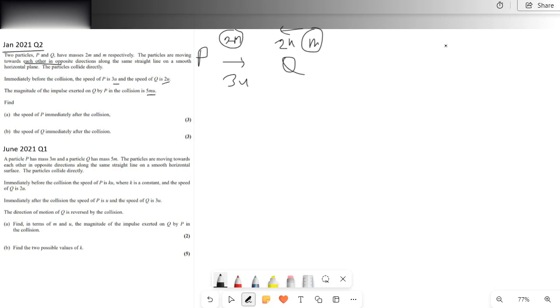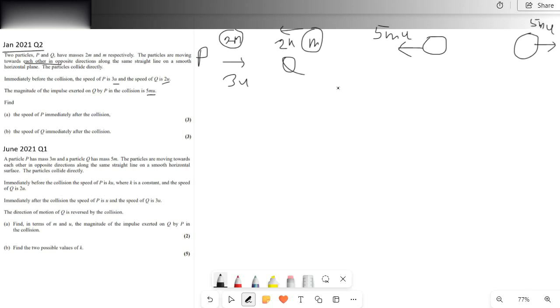And after the collision, P receives an impulse of 5mu to the left and Q receives an impulse to the right of 5mu, according to Newton's third law.